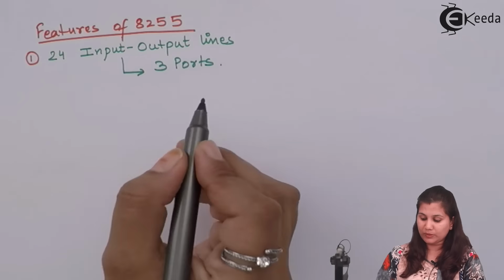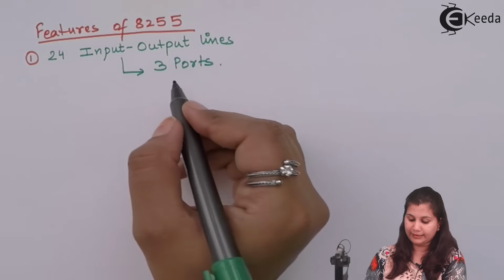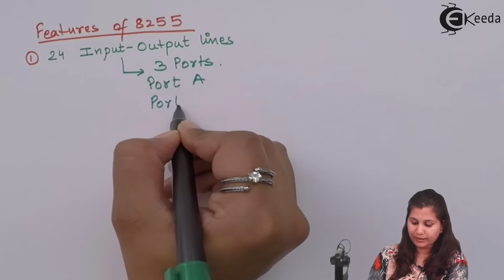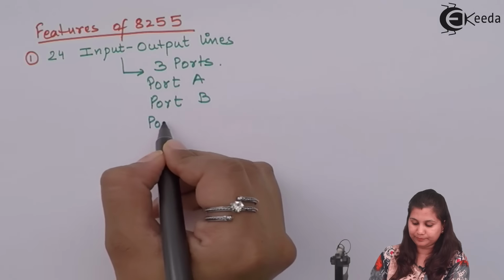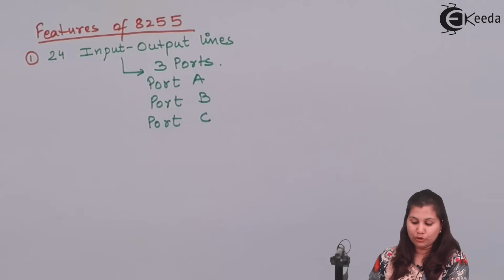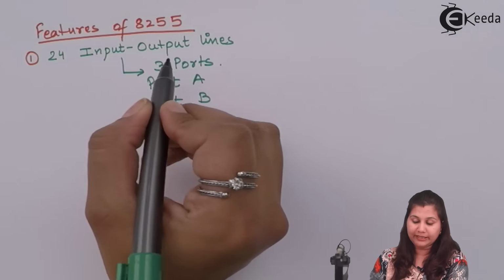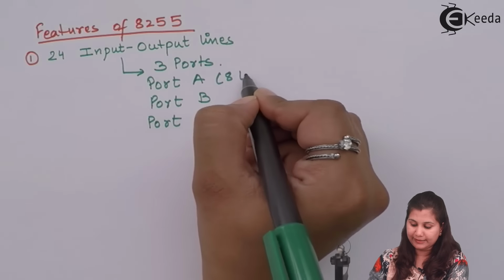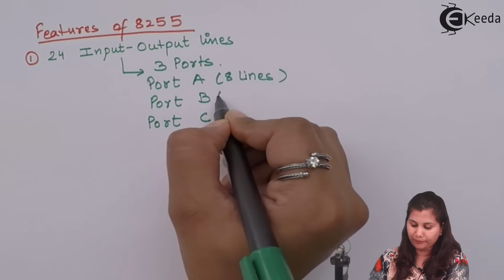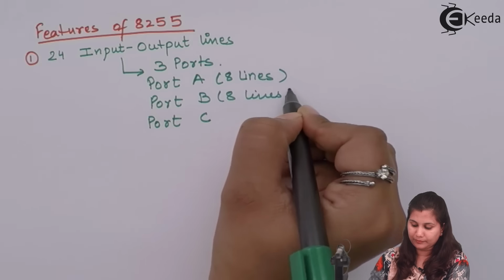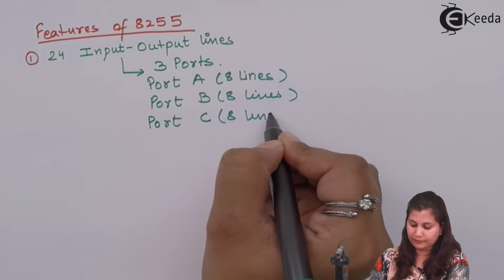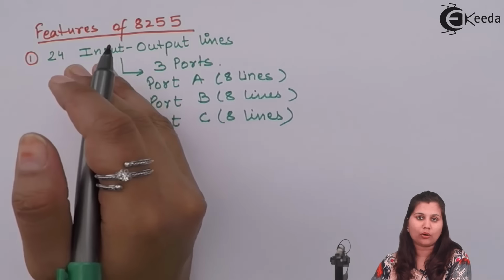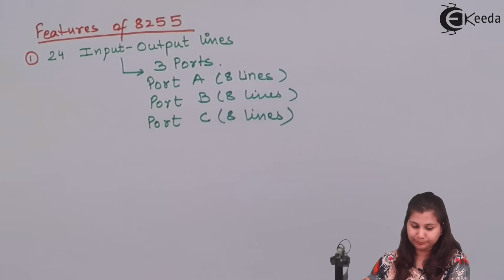Okay, these ports are input-output ports, and they are named as port A, port B and port C. So 24 input-output lines divided into 3 input-output ports. So each port will have 8 lines. And these lines can be used as either input lines or the output lines. Okay.